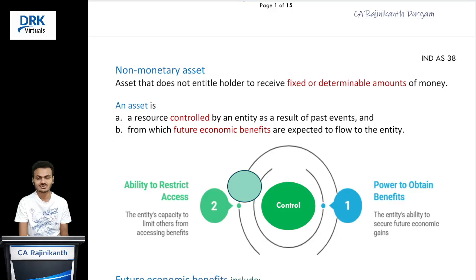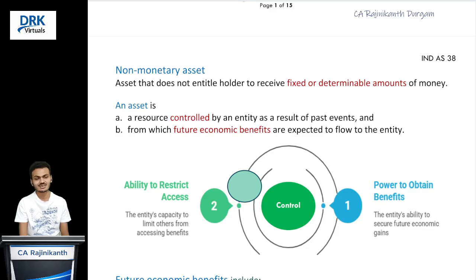From trade receivables, we are entitled to receive a fixed amount of money. If you take plant and machinery as an example, can we get a fixed amount of money from plant and machinery? May or may not. Majorly, I can say no. No is the answer, because we derive economic benefits from usage of the plant and machinery. It may or may not equal a fixed amount of money.